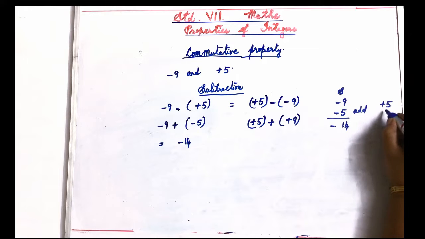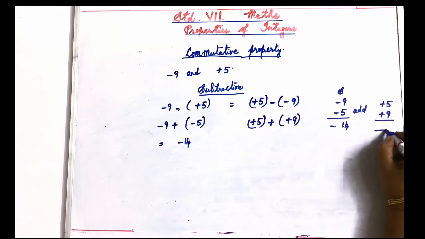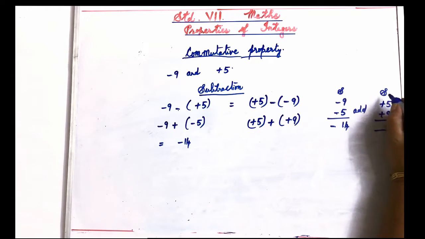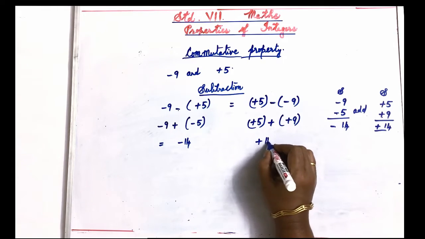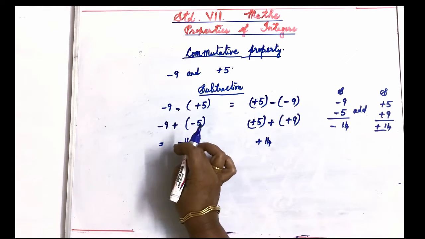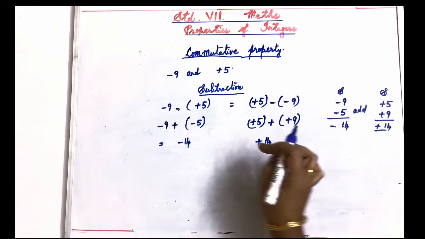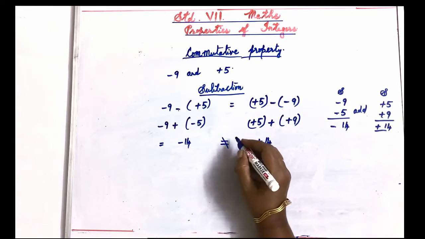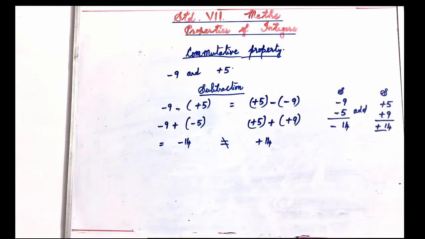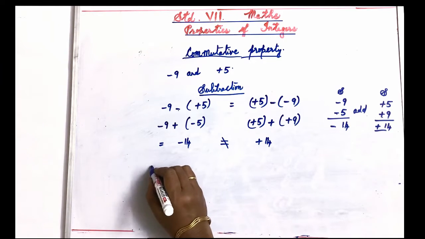Plus 5 plus 9. Here also both the signs are same, like sign. So we should add. 9 plus 5 is 14. Both are plus. So we should write plus sign. So this is plus 14. So this answer for left hand side is minus 14. For right hand side is plus 14. Both are not equal. That means commutative property is not true for subtraction.